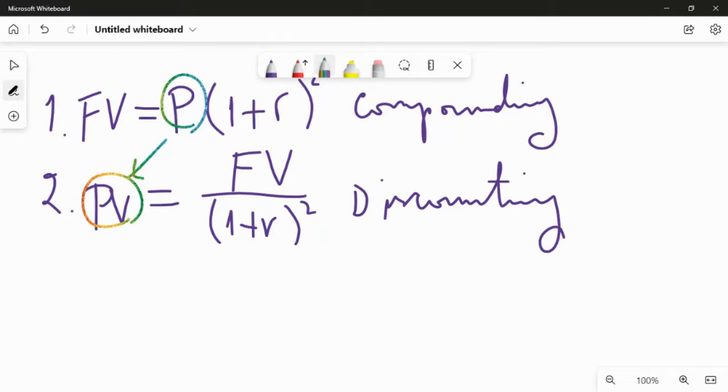Now, because we have four variables in the equation, that means we can answer four questions about it. The first question was, of course, what's going to be the future value? The second question was the principal. What must the principal be? The third question is, what should be the r, the interest rate?